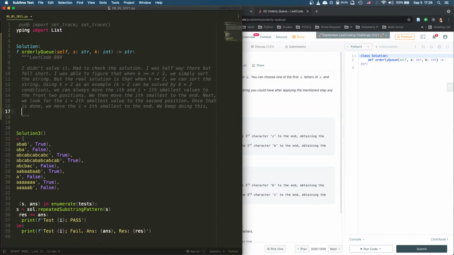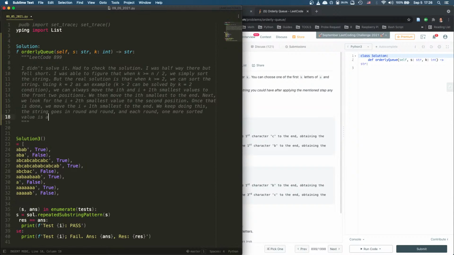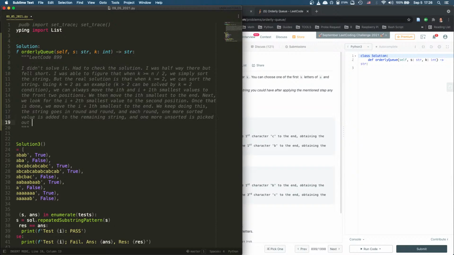The string goes round and round, and each round, one more sorted value is added to the remaining string, and one more unsorted value is picked out from the remaining string.